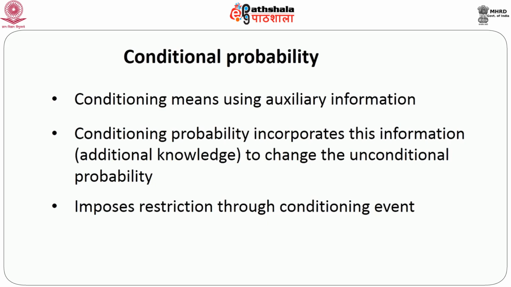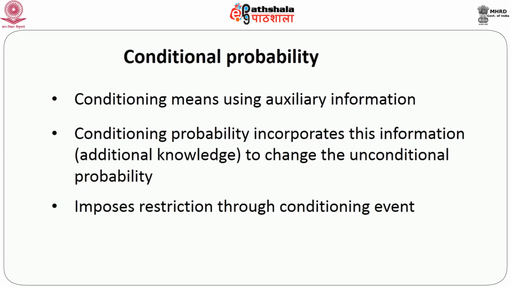So, conditional probability incorporates this information, which we might call additional knowledge, to change the unconditional probability, because if we incorporate this auxiliary information, naturally the unconditional probability of a particular event is expected to change. This is the important part of studying conditional probability: it incorporates this additional information, and that ultimately affects the unconditional probability of the event of interest.